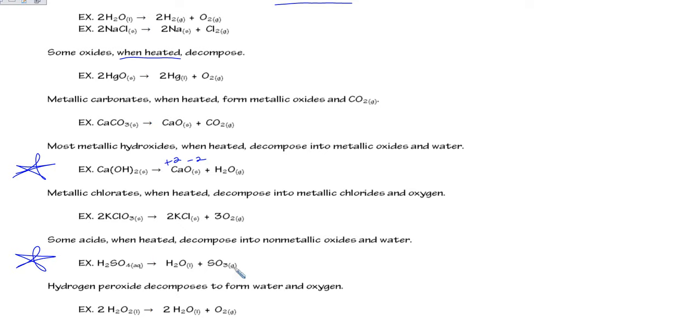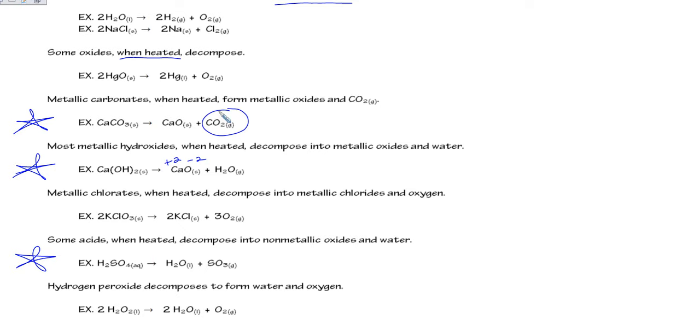Other ones that will run in the lab, carbonates. Love to break down and form carbon dioxide gas. This is very, very common. It could be a metallic carbonate, like calcium carbonate, or it could even be something like a bicarbonate, like sodium bicarbonate.